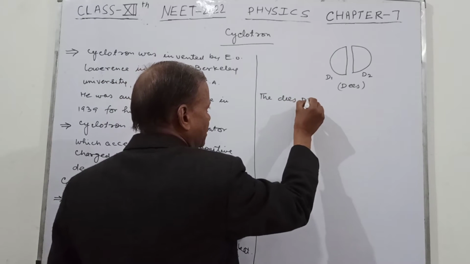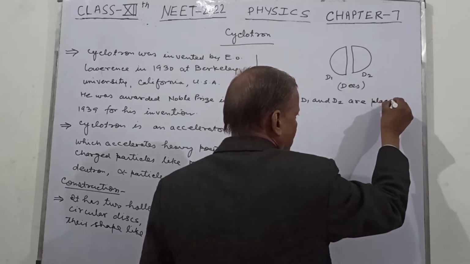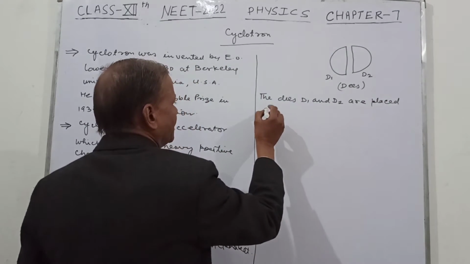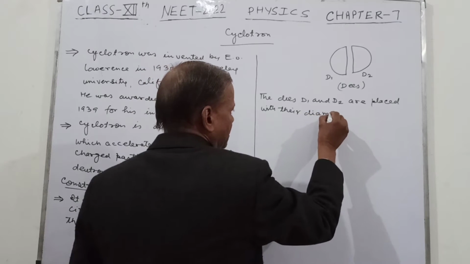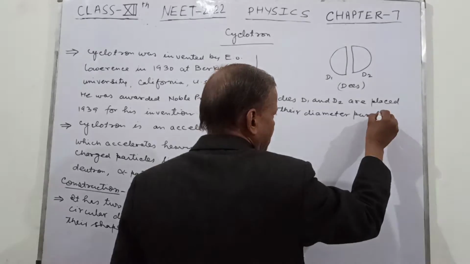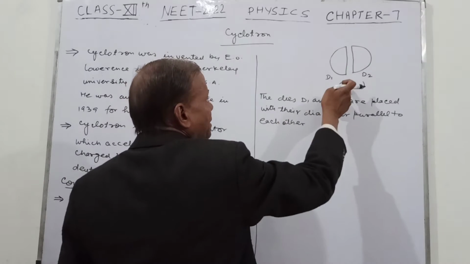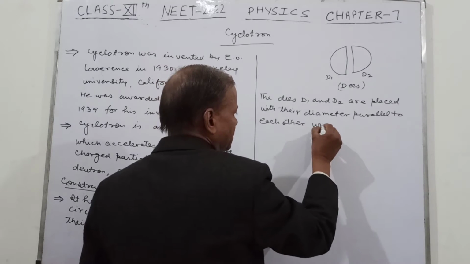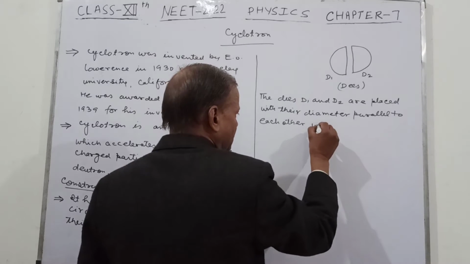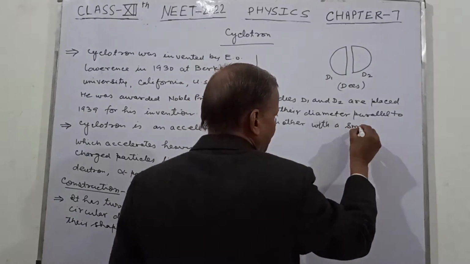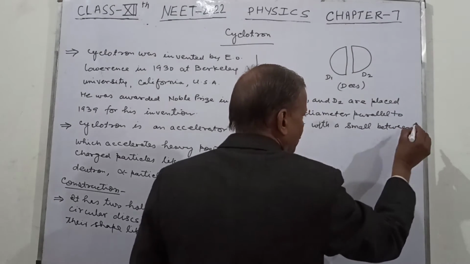The D's D1 and D2 are placed with their diameters parallel to each other, with a small gap between them.